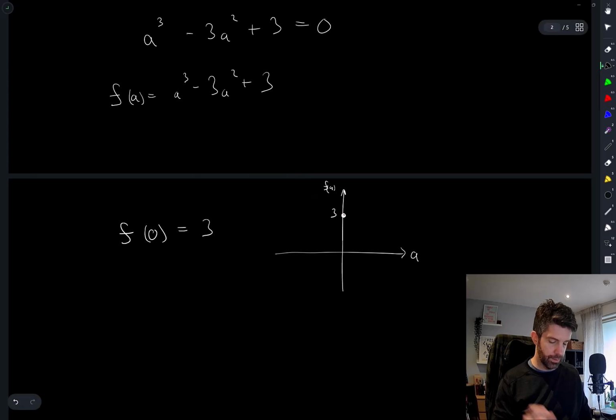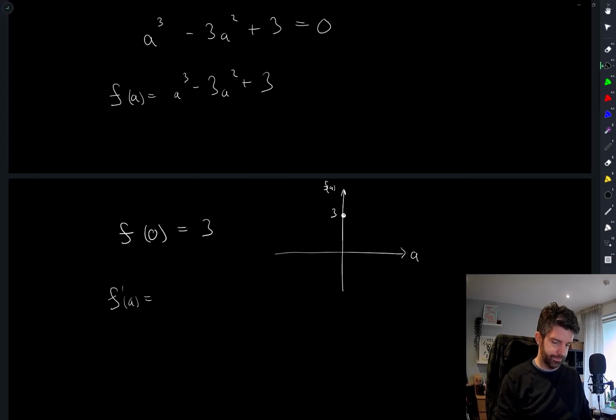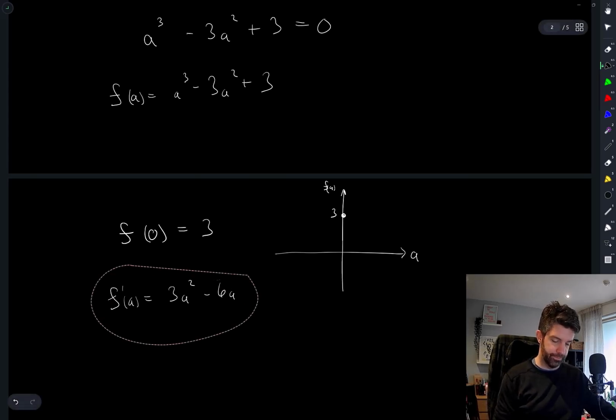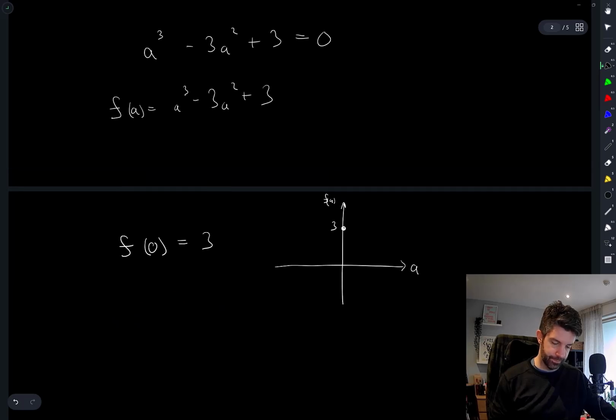No, not necessarily. In fact, does it at all? What is f prime of a? 3a squared minus 6a. Maybe I will just guess and check a few values to see if I can find where this thing crosses 0. There will be at least one negative root.